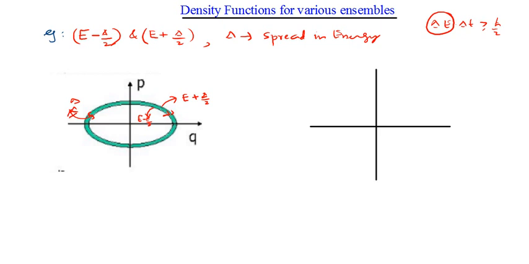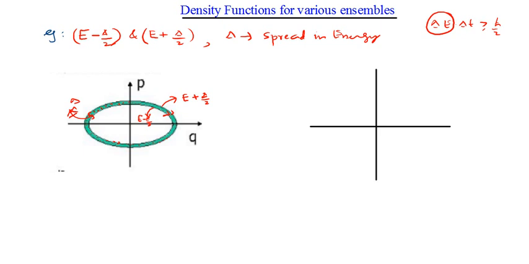Now the harmonic oscillator will be having energy lying between these two energy shells. So we can say that in this case the only accessible region of the phase space is the green colored space, which is between the two energy shells of energies E minus delta by 2 and E plus delta by 2.